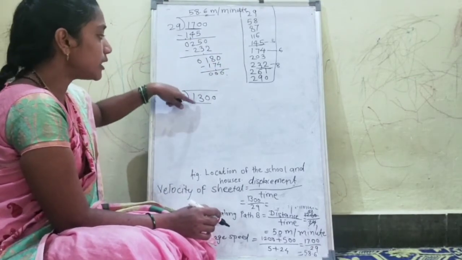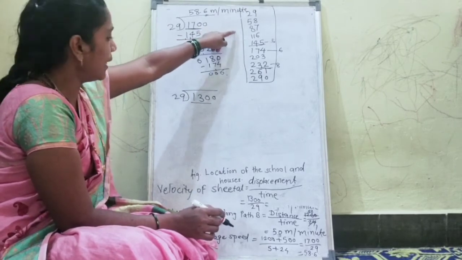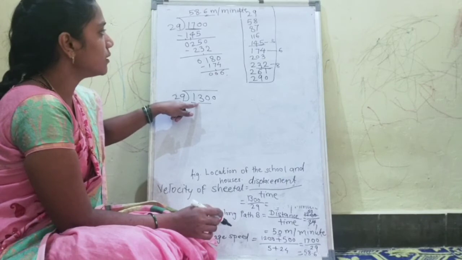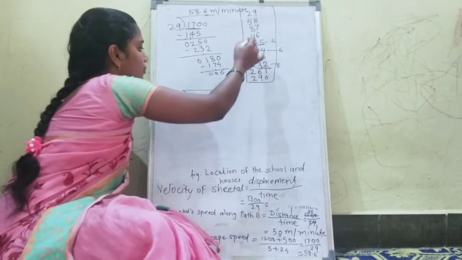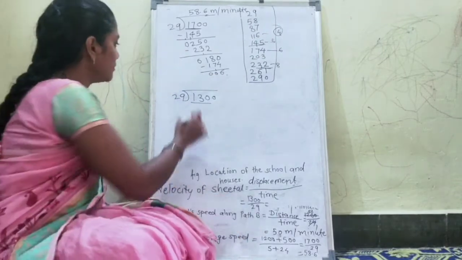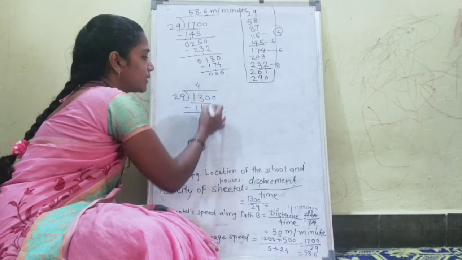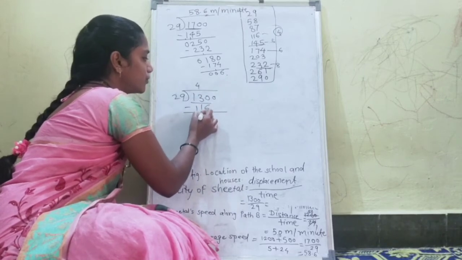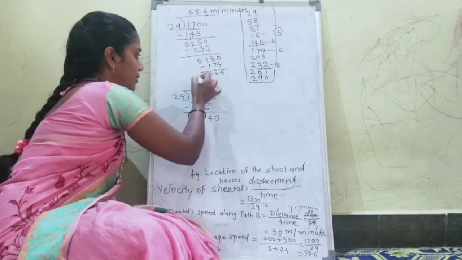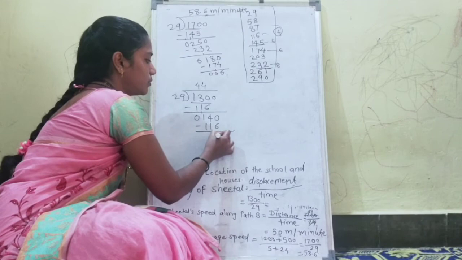Take the nearest number to 130 from the table of 29. What is the nearest number to 130? 4. 4th place. 116. Then subtract, 4, 1, 0.